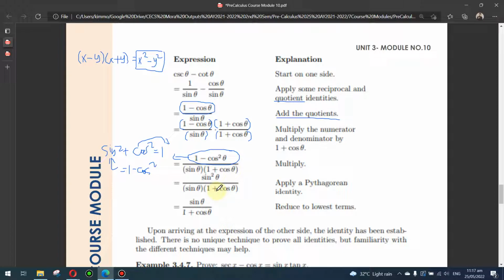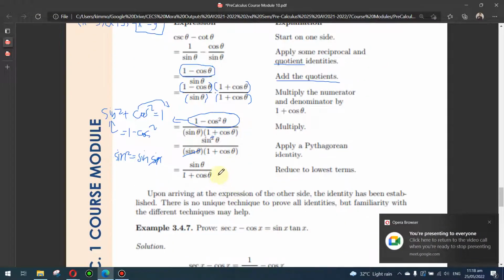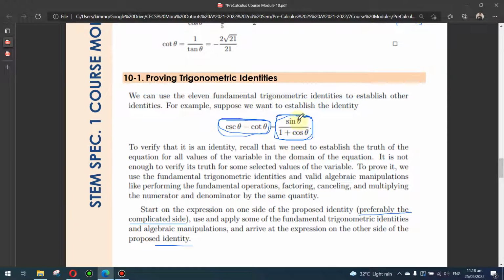Then, copy the denominator. After that, as I said earlier, sine squared is actually equal to sine times sine. So, sine times sine on top, and a sine at the bottom. So, one sine cancels. What remains in the numerator is just sine over 1 plus cosine, which is equal to sine over 1 plus cosine.